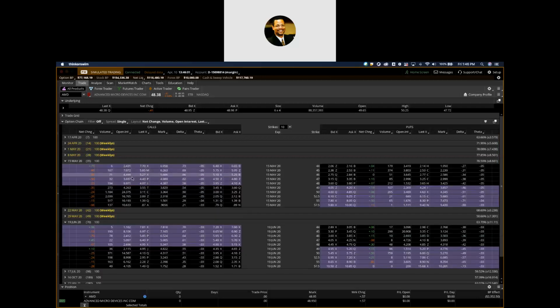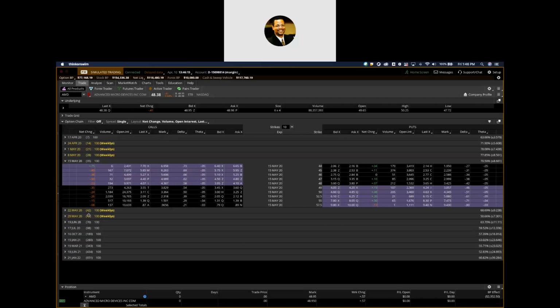Do I believe it's going to reach my 59 before May 15th? It could. So depending on how cheap it was, I'll take this one because I can always roll it over. I'll do the May 15th. It's not my time frame, and so violating that rule may bite me, but I can take the risk. It's okay.